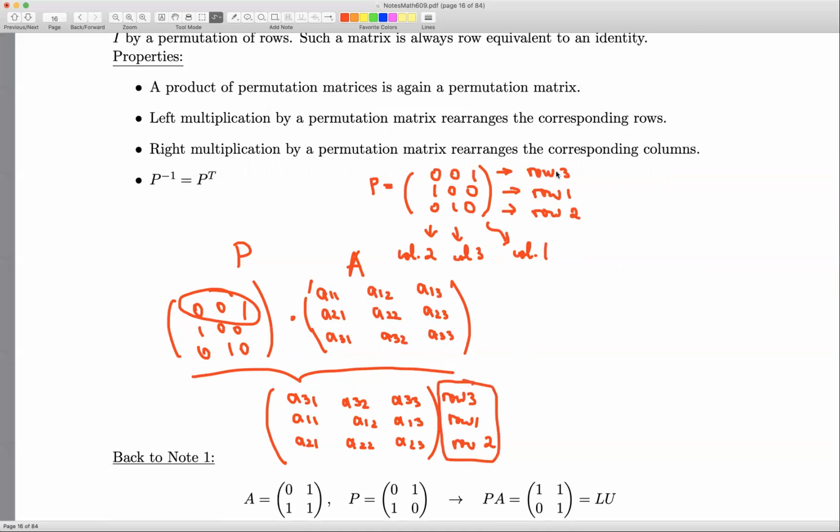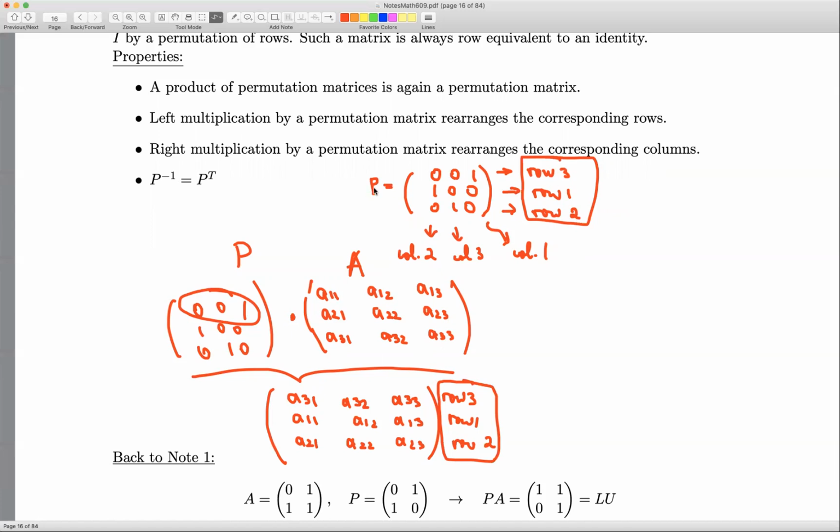If we compare these labels here with this label here, then the observation is the following. If I have a matrix A and multiply it on the left by a permutation matrix, I end up with a matrix that is obtained from the matrix A after permuting the rows of the matrix A according to the rule that was used to create the matrix P from the identity matrix.